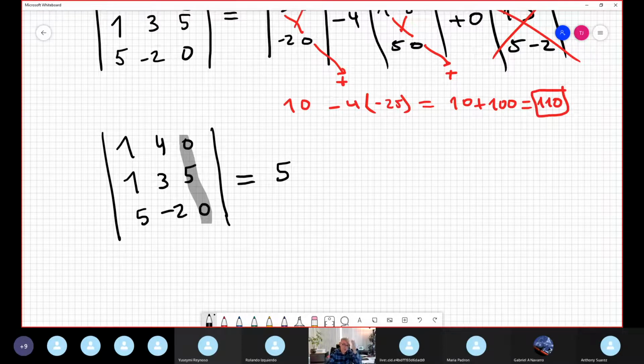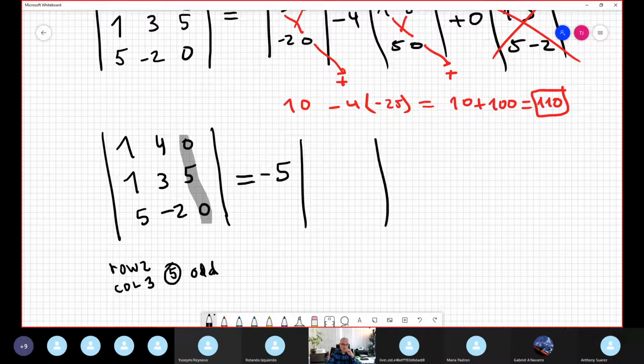Let me see. In this position, the cofactor is located in row 2, column 3. And 2 plus 3 is 5, and 5 is an odd number, so it's negative. Multiplication by the cofactor, by the minor, gets formed when you delete this and this, so you delete mentally this and this, no? Only 1, 4, 5, and negative 2 stay alive.